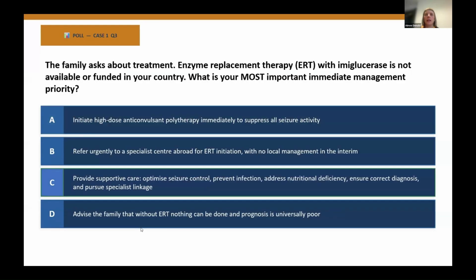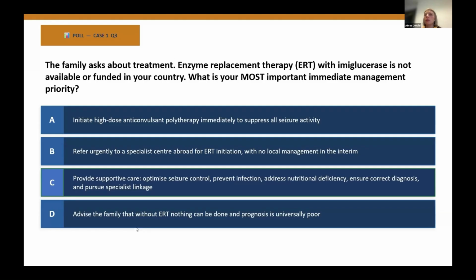Okay. So you've made a diagnosis and the family asks you about treatment, and it's not available. So enzyme replacement therapy isn't available in your country. So what's your immediate management priority? So we've got A, start high dose anticonvulsant polytherapy immediately to suppress all seizure activity.